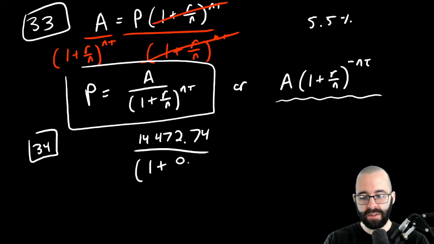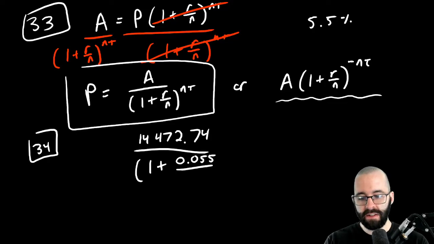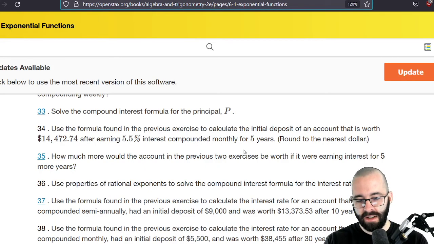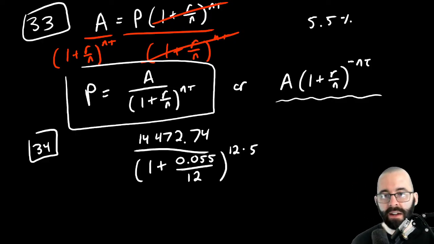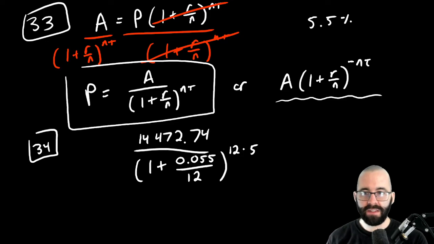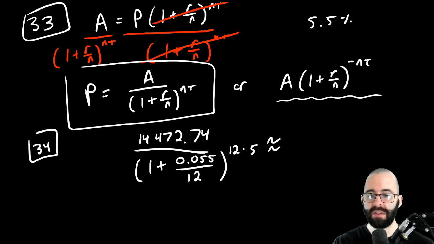As a decimal, that's 0.055. Divided by n, it's compounded monthly. n is 12. Raised to the n times t, how many years? 5 years for number 34. And you can simplify this, but it's honestly best you get the least amount of rounding error if you just type this all in at once.